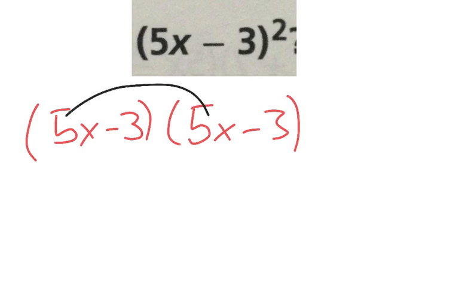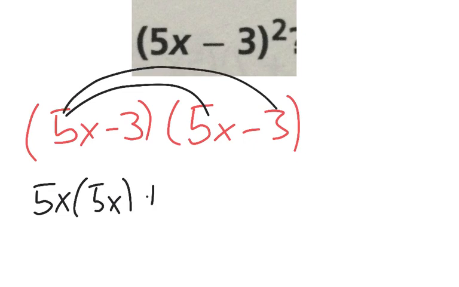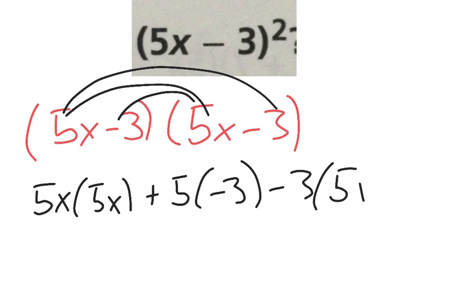If I distribute, I have 5x times 5x. Then I have 5x times negative 3. Then I have a negative 3 times 5x. And then I have a negative 3 times a negative 3.